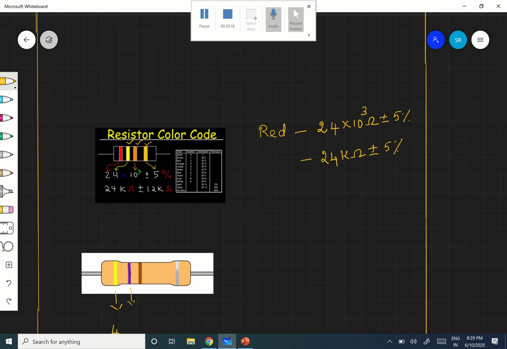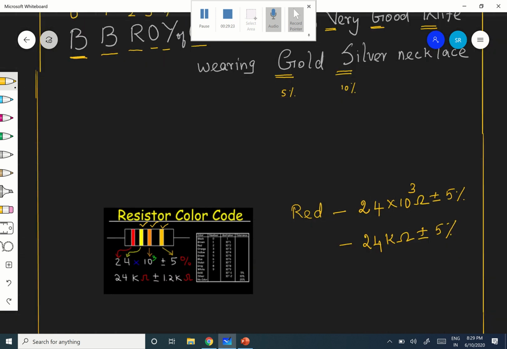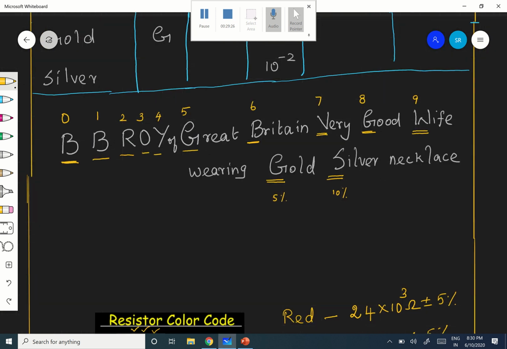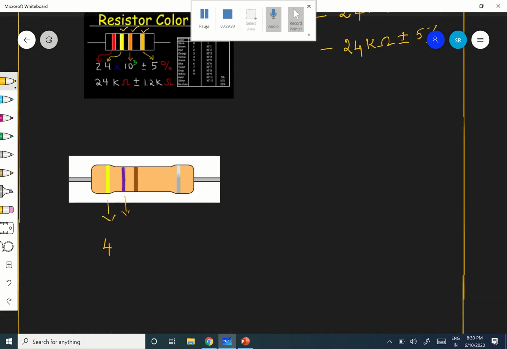Therefore yellow is 4, violet is 7, and this is brown. What is brown? Brown is into 10 power 1, correct?